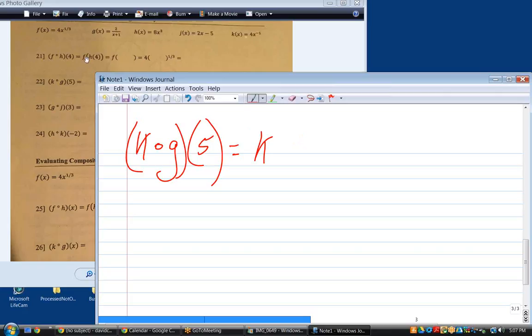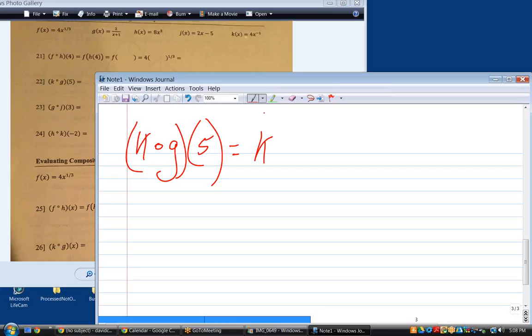Well, now hold on. We're going to do it exactly the way we did 21, where we had f of h evaluated at 4. So now we're going to do exactly the same thing. What is k of g evaluated at 5? What's the first thing I need to write? K times g?